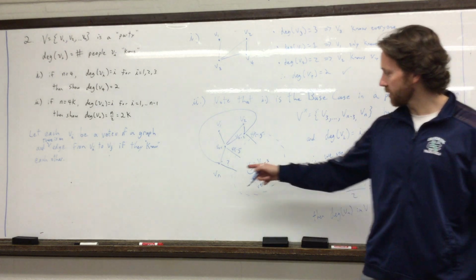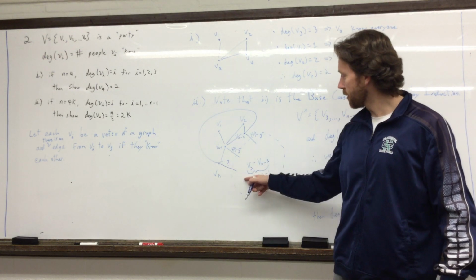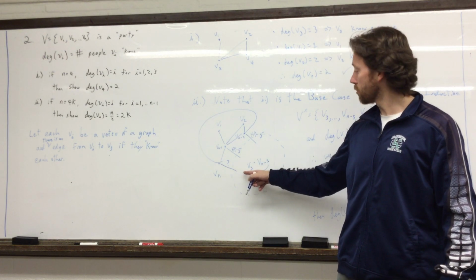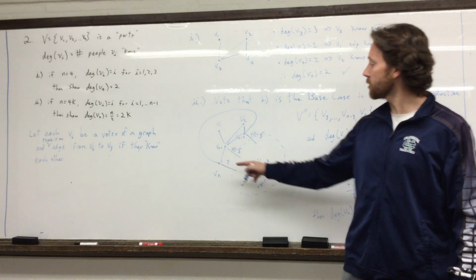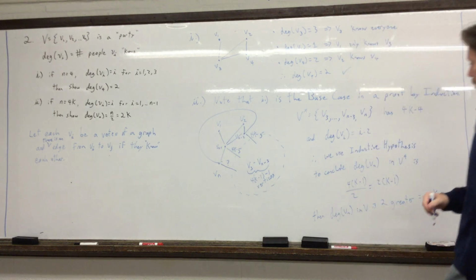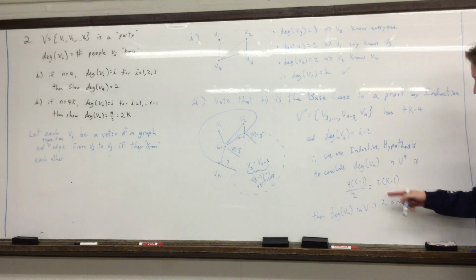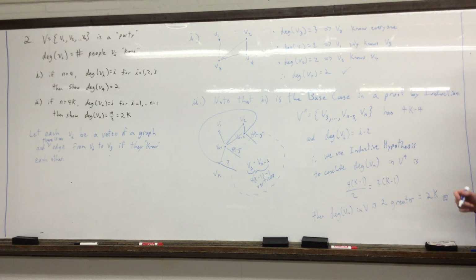And as we already realized, Vn has connections to all those people in V3 to Vn-3, plus 2 more. So we have our 2 times (k minus 1) plus 2 more gives us 2k, and that's what we wanted to prove.